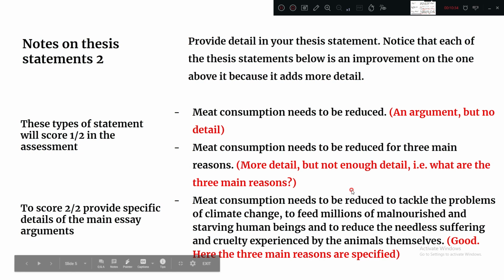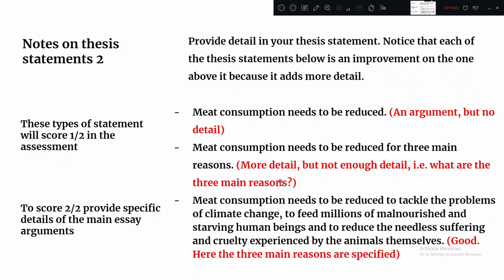So you can see that we have explained or elaborated the three main reasons. You will see later when I show you the essay again that these are the topics of the three main body paragraphs. So it's also important for the coherence or the unity of the essay overall.